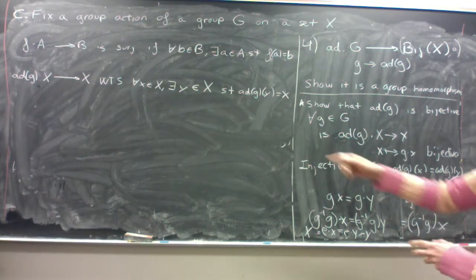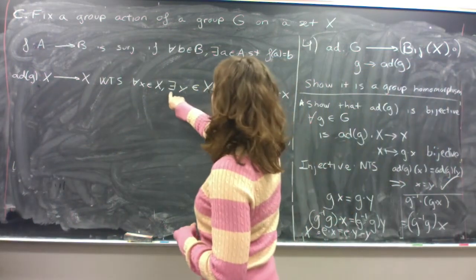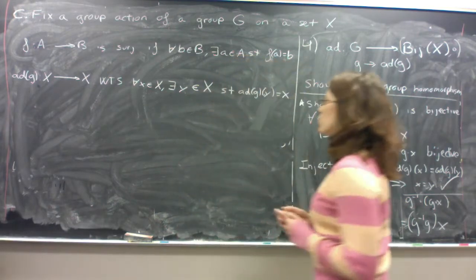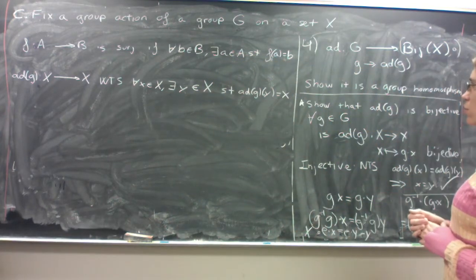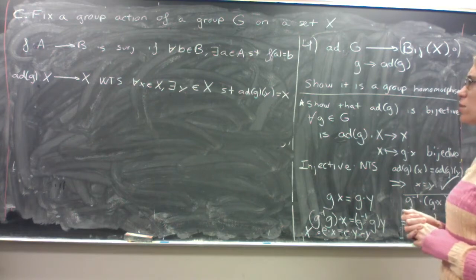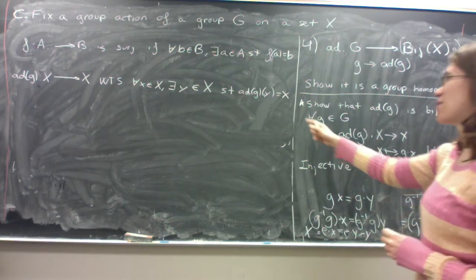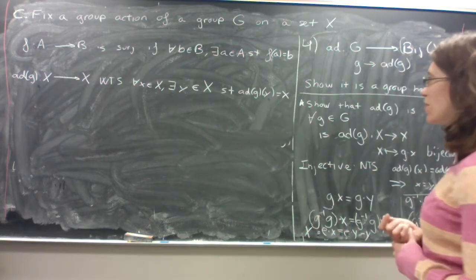So this is just an existence proof, right? We just have to find something. So what's the something we need to find? The y. Well, yeah, but what's the y that we are looking for?